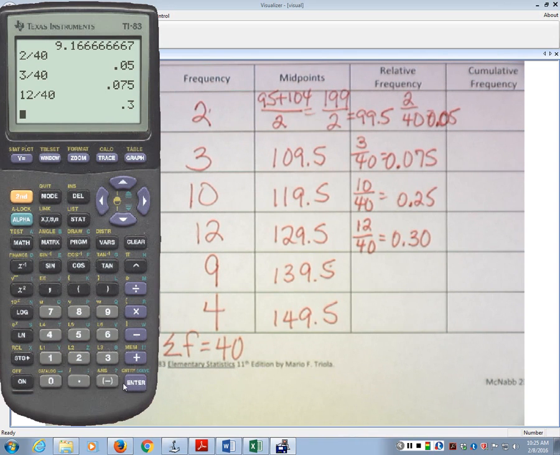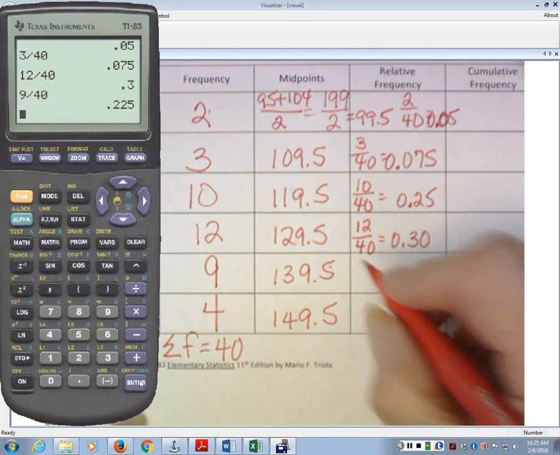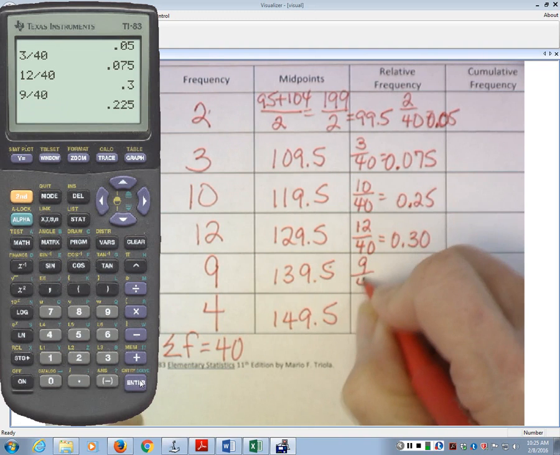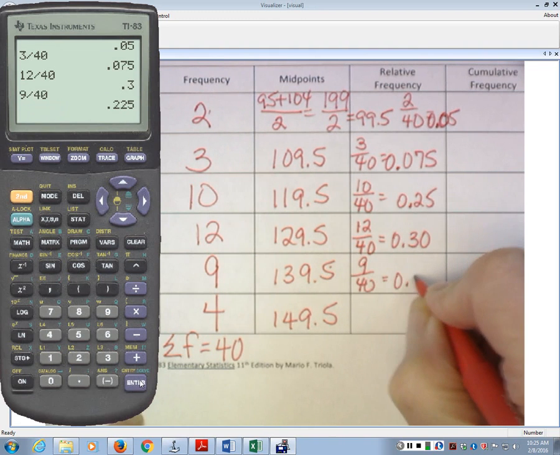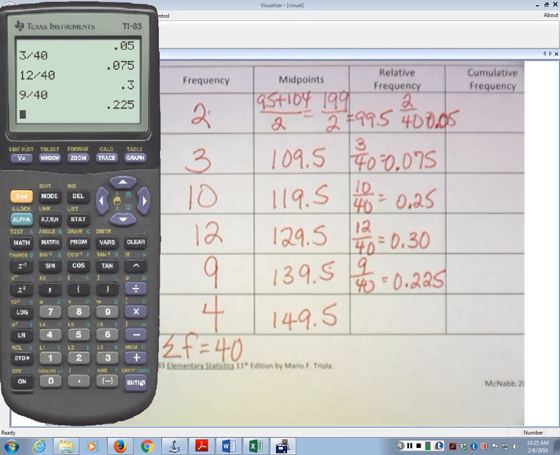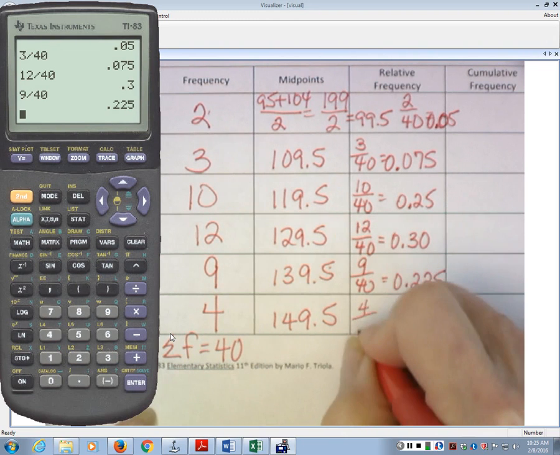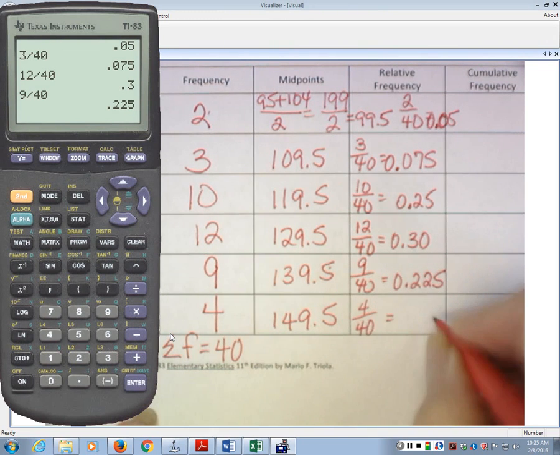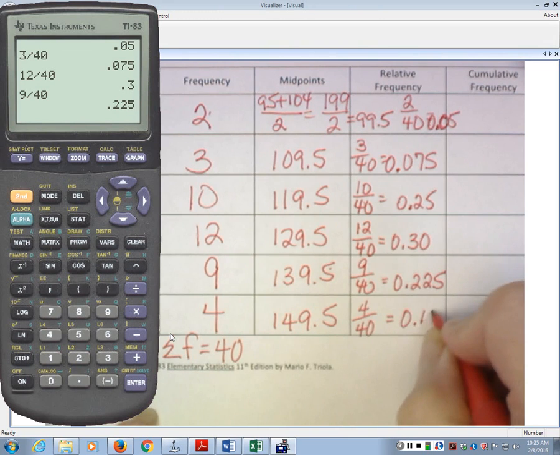And then 9 over 40, which would be 0.225. And then 4 over 40, which is 1/10 or 0.10.